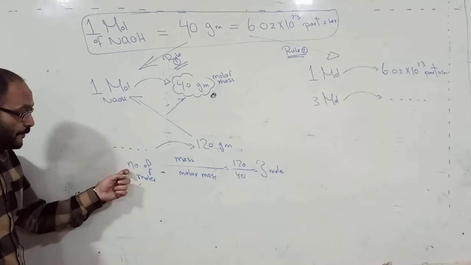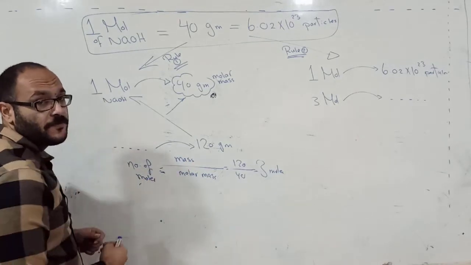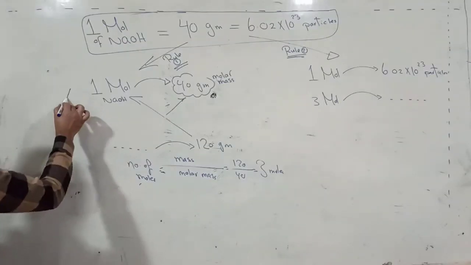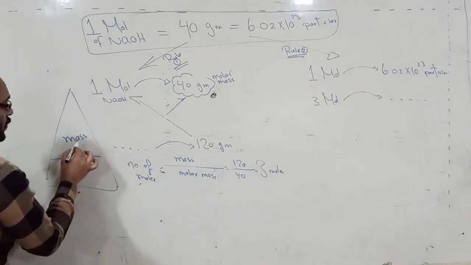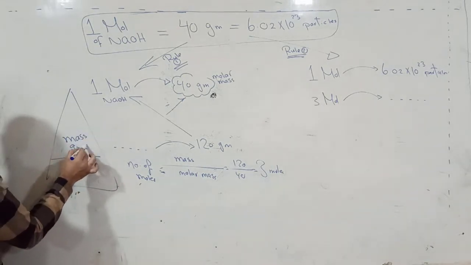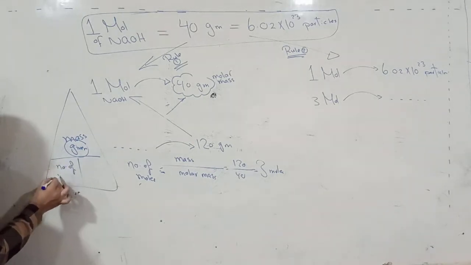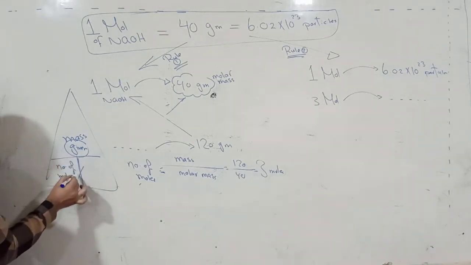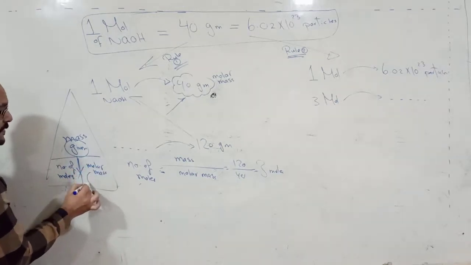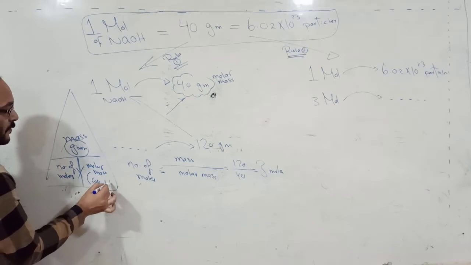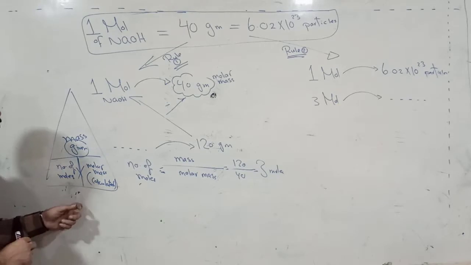If you want the number of moles, it equals mass divided by molar mass, and we can make the magic triangle: mass here, and it's given in the problem, and number of moles times molar mass. Molar mass is calculated. Okay. This is the first rule.